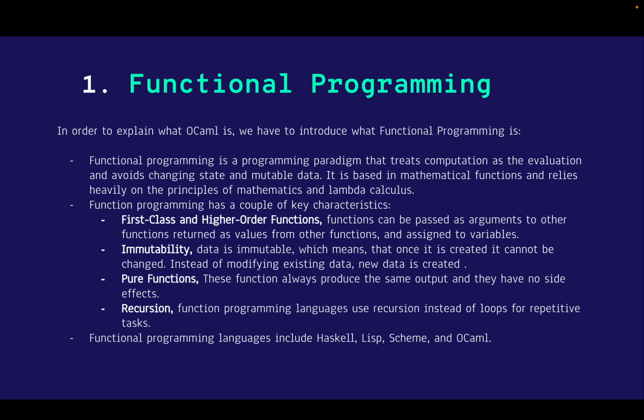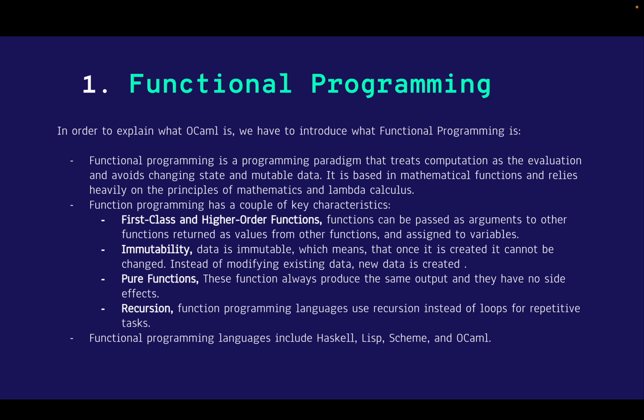Instead, we're going to make a new variable and declare it by using the new address number. In functional programming, you have to do it through those means. That's exactly what immutability means. Data created stays the same, and if there's something to be changed, new data should be made.